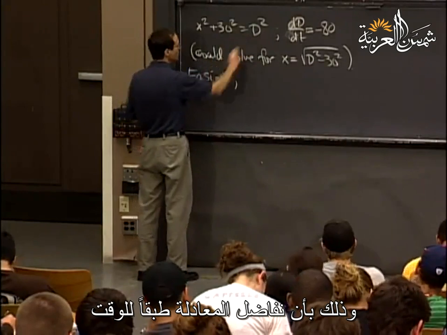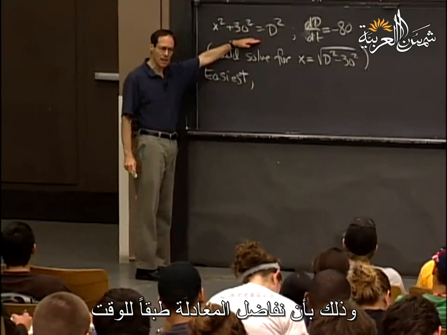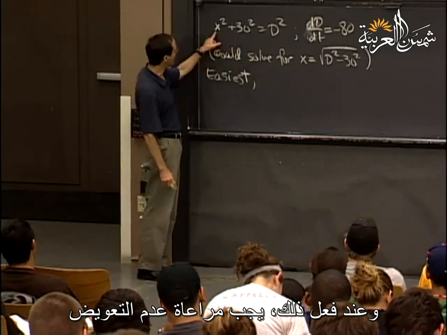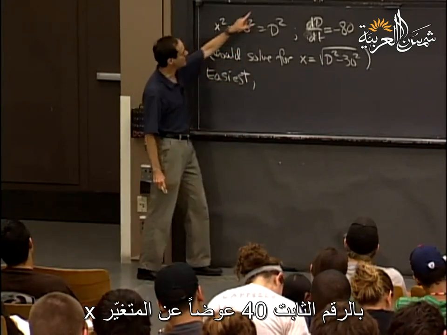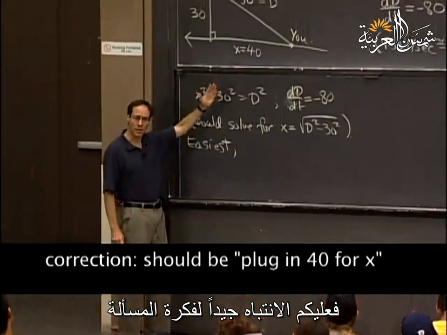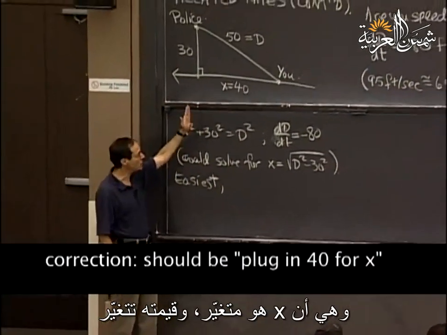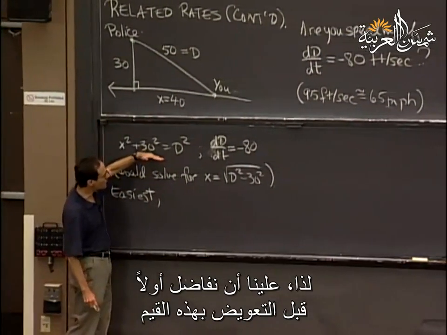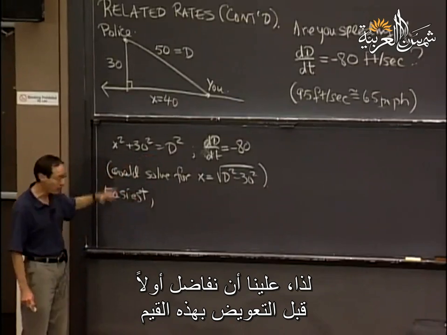Namely, we just differentiate this equation with respect to time. Now, when you do that, you have to remember that you are not allowed to plug in a constant, namely 40, for x. You have to keep in mind what's really going on in this problem, which is that x is moving, is changing, and d is also changing. So you have to differentiate first before you plug in the values.